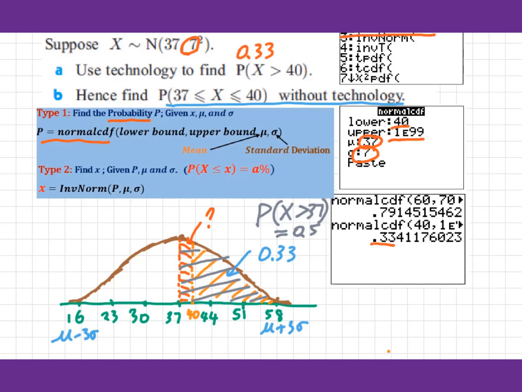Therefore, for this probability, X between 37 and 40, it equals 0.5 minus the probability X greater than 40. So 0.5 minus 0.33. The answer will be 0.17.